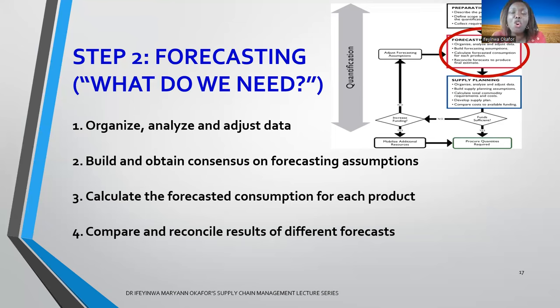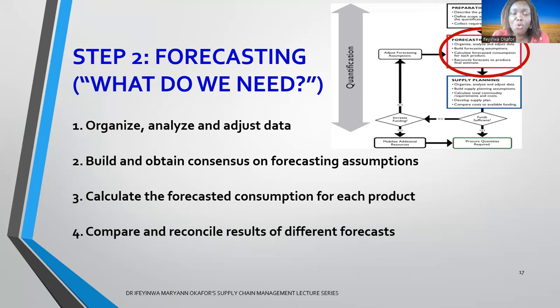And we build and obtain consensus on forecasting assumptions. And also we calculate the forecasted consumption for each product. And also we compare and reconcile results of different forecasts. Remember, you use different data to actually do your forecast.